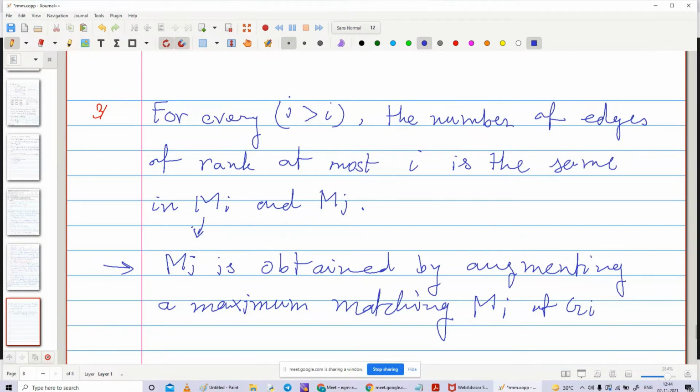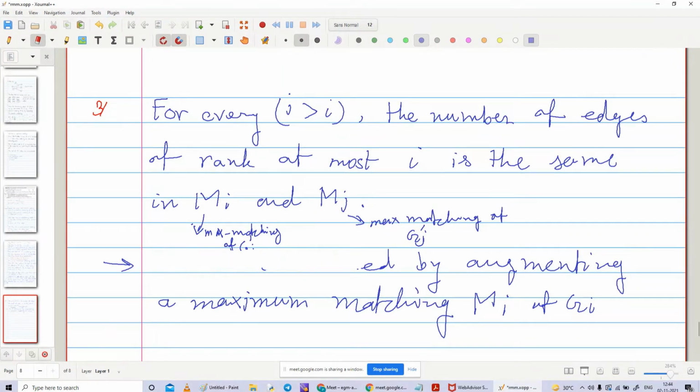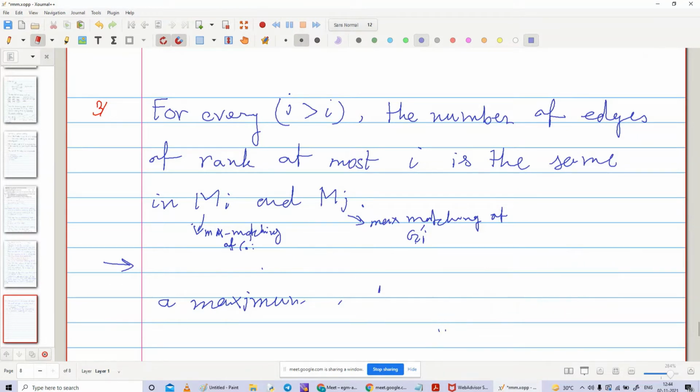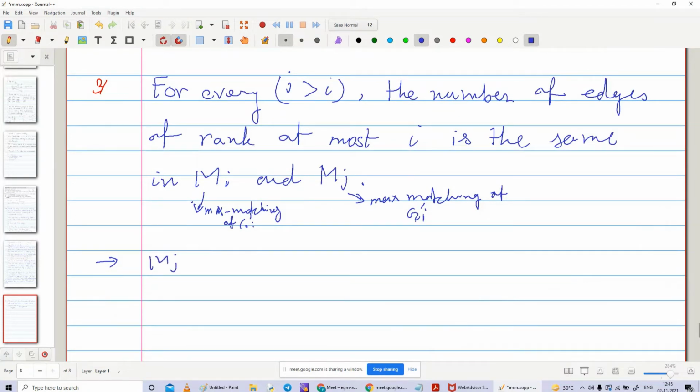So here, what I want to say is, let me write it: Mj is obtained by continuous augmentation, after several augmentations.